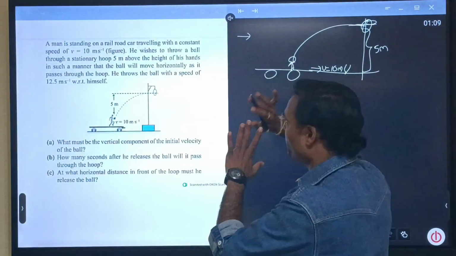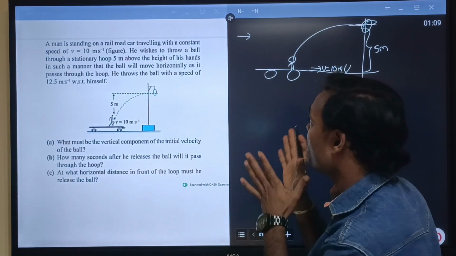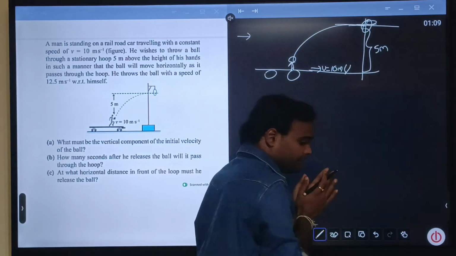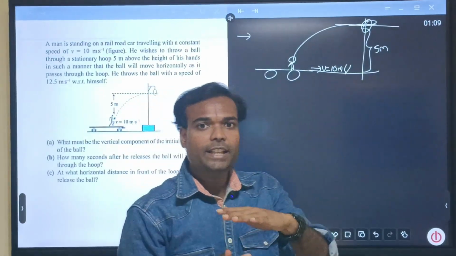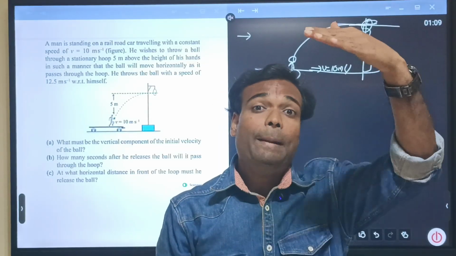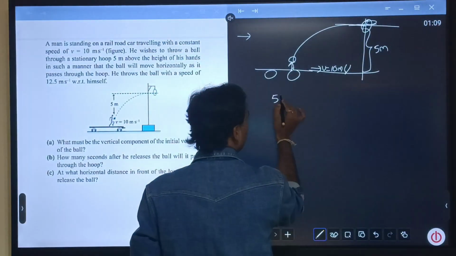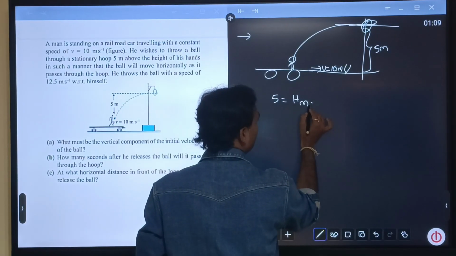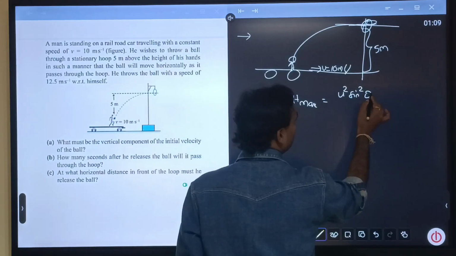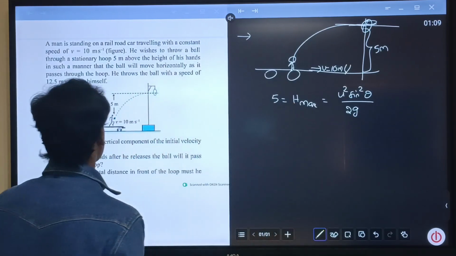In such a manner that the ball will move horizontally as it passes through the hoop. It is moving horizontally means the velocity vector will be horizontal only at the maximum height. So we can consider 5 meters as the maximum height. So what is the maximum height formula? u square sin square theta by 2g, right?